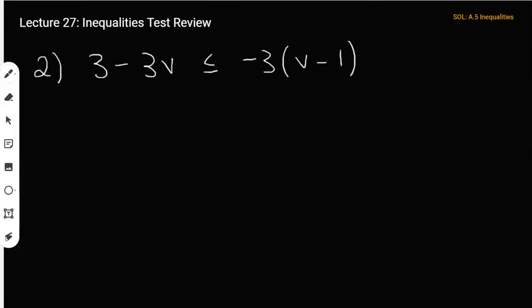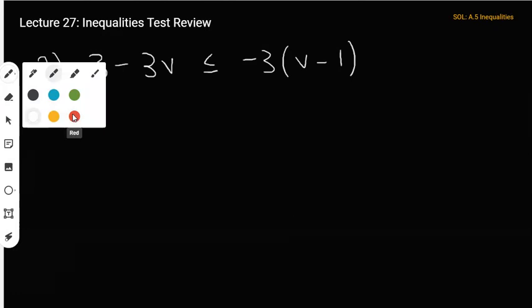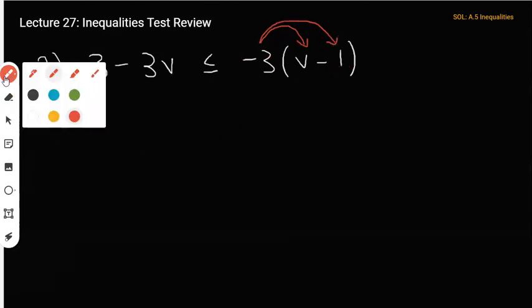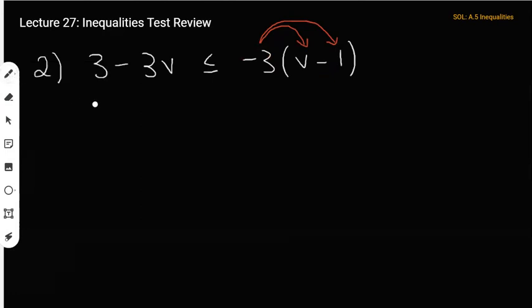Okay, so for this one, the first thing that you want to do is the distributive property. You're going to take this -3 that's on the outside and multiply it by everything on the inside, so the v and the -1. But the left side is going to stay the same. So you're still going to have 3 minus 3v.